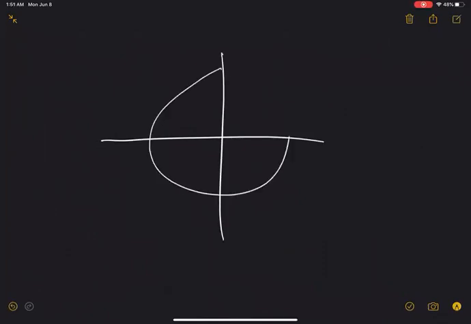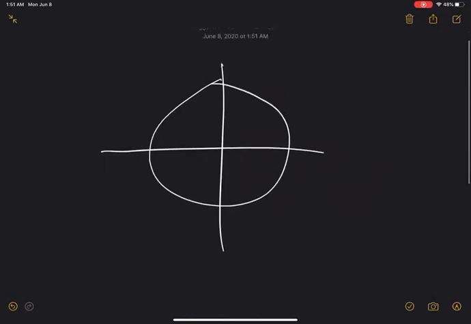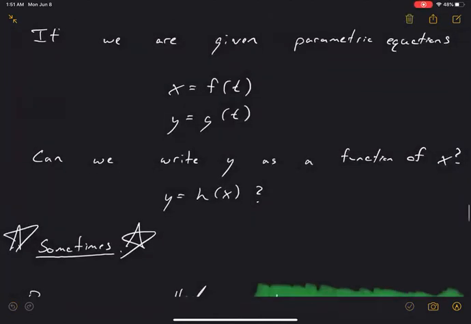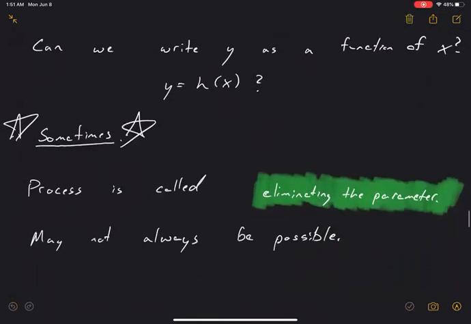As we've seen, we've had two examples now where we got a system of parametric equations and they give us a circle. But as I alluded to, we can get a Cartesian equation for this. It might not be a function. We should be able to get a Cartesian equation, but it might not always be a function.